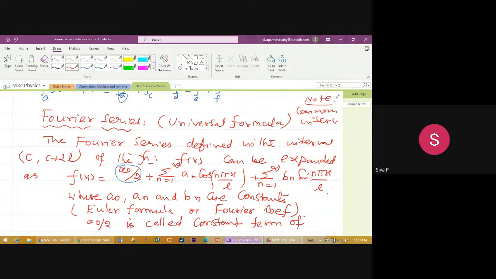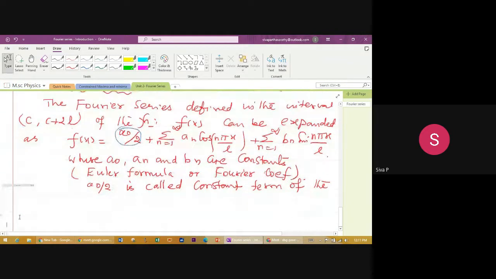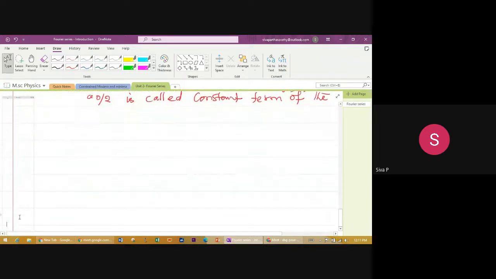A naught, a n, b n are constants, but what is the constant term? The first term of the Fourier series, the constant term.